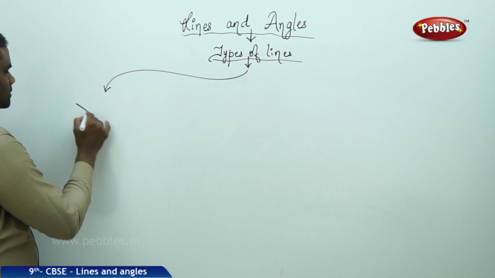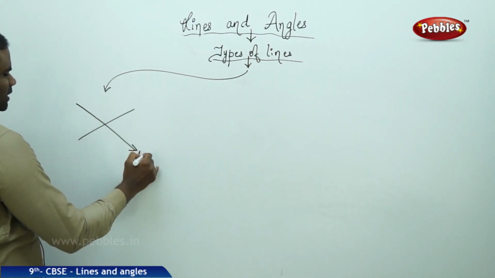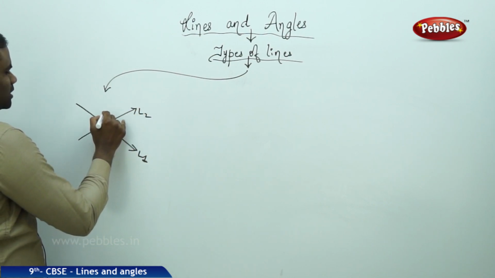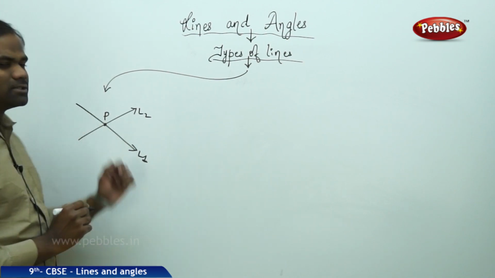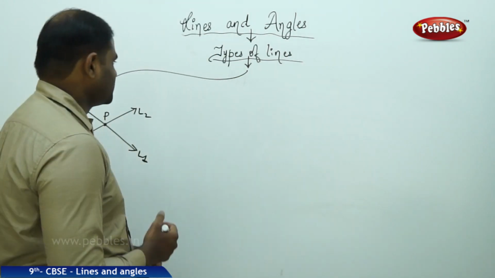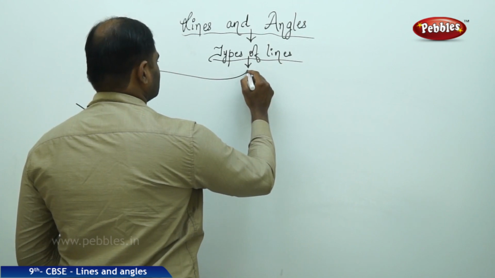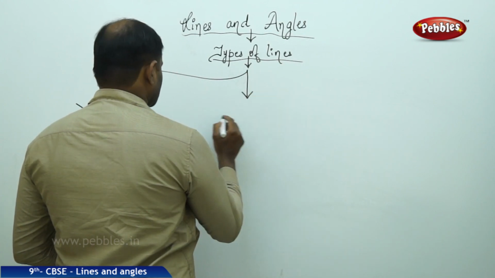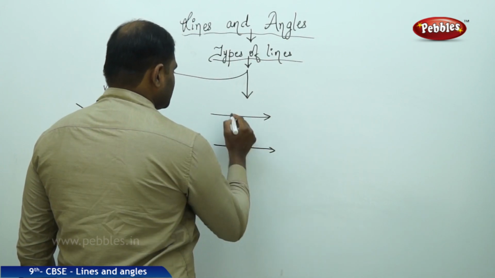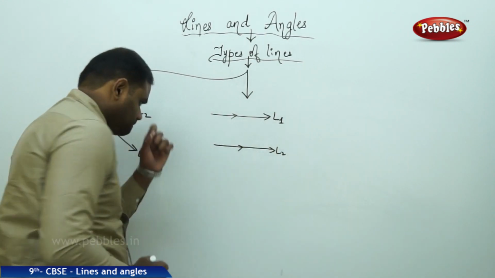When I have two lines, the possibility is that this line L1 and this line L2 intersect at a point P. This is the first case where the two lines intersect at the point P. When I take the second case, there is the possibility that the two lines are parallel to each other.